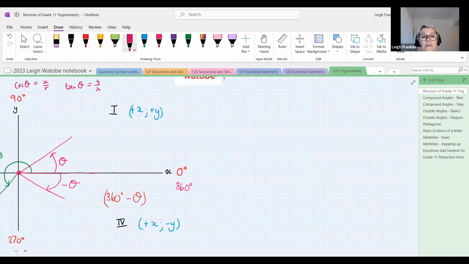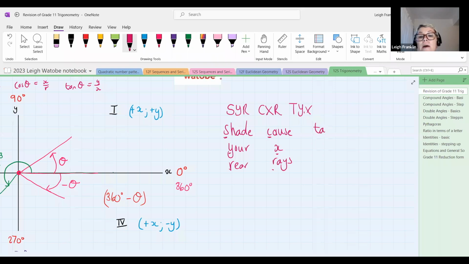It goes like this: shade your rear, so SYR; cos X rays, so CXR; and the last bit, tan your exterior, so TYX.